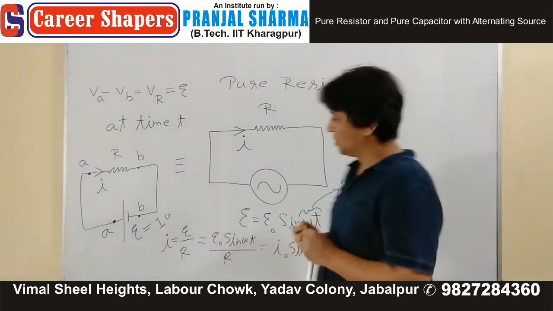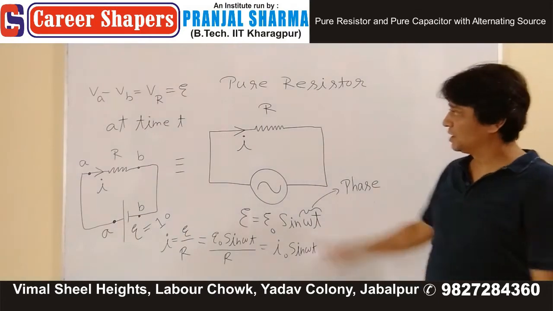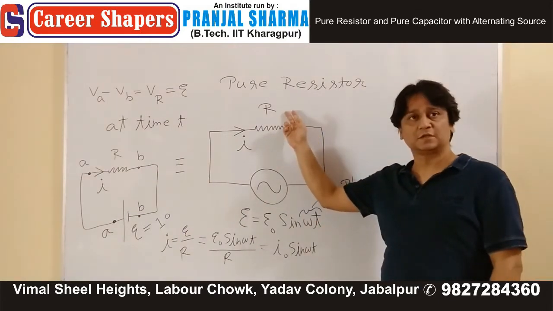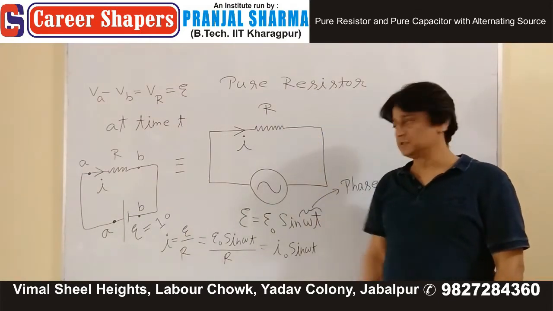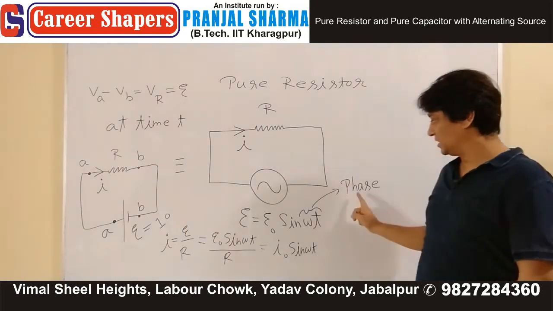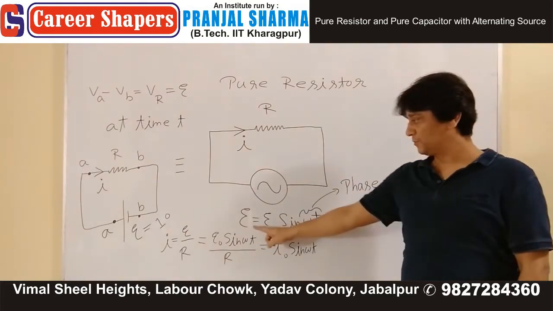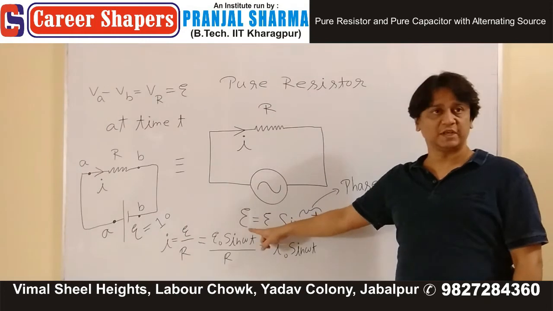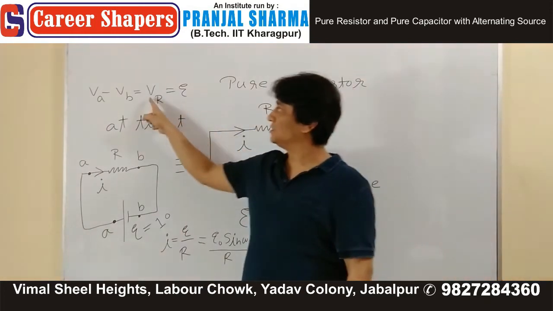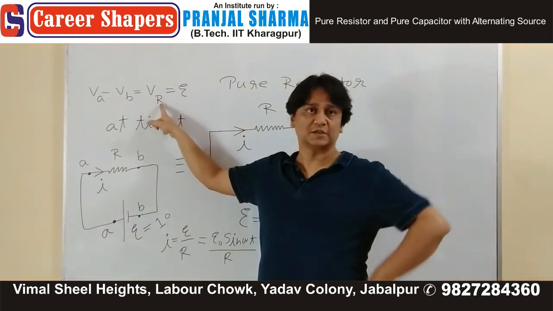So, from now on, for this resistance, the argument is, what is E? E is potential difference across the resistor.